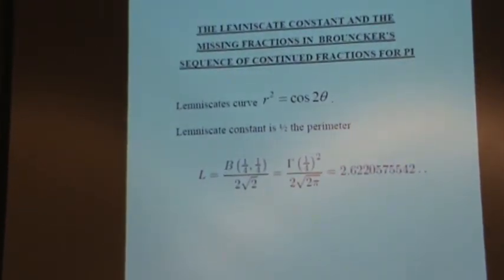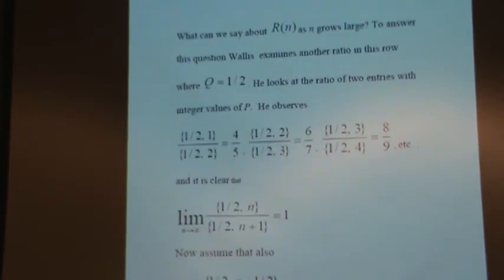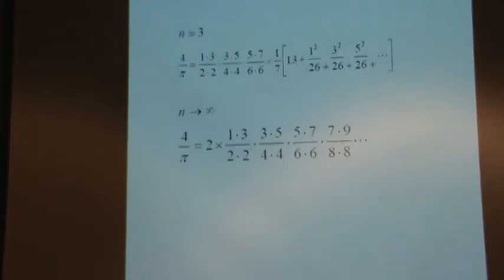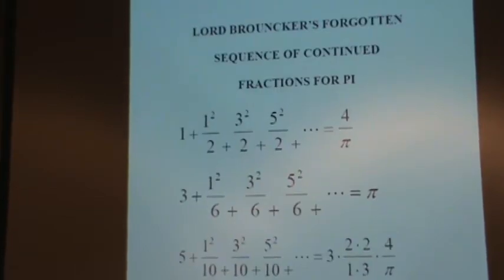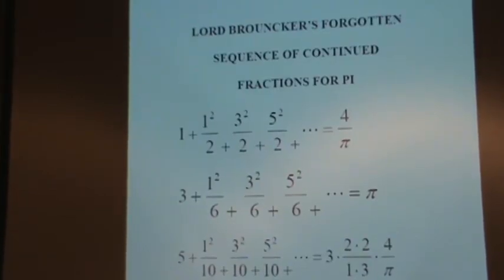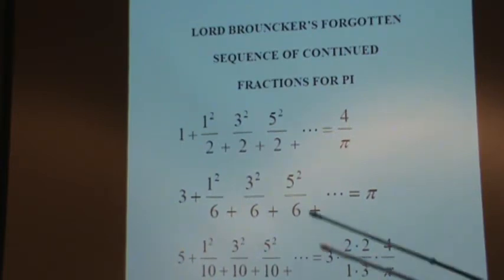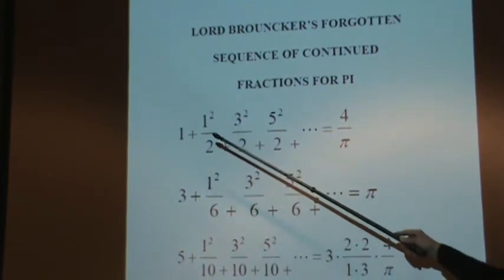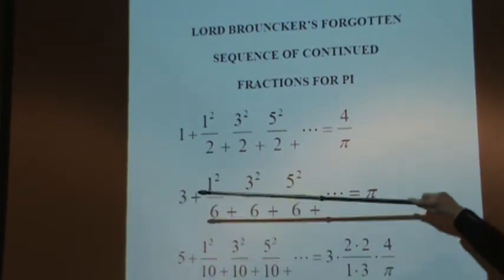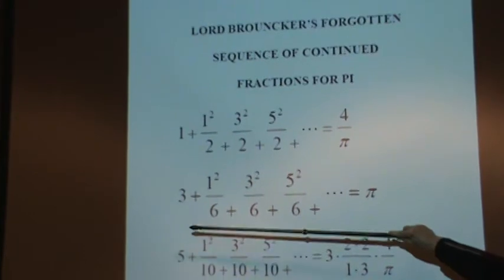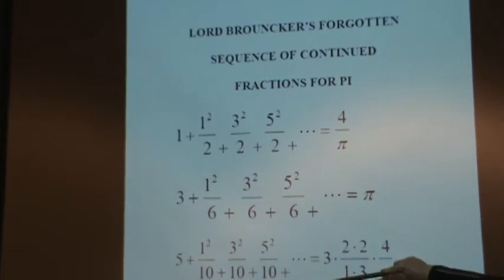Now, finally, show you one more thing here. If we go back to the continued fractions of Brouncker, you'll notice that we have these started 1, 3, 5, 7. Well, what about 2 and 4 and 6?